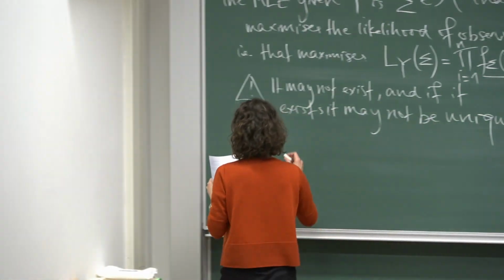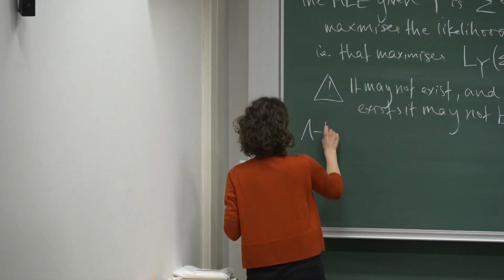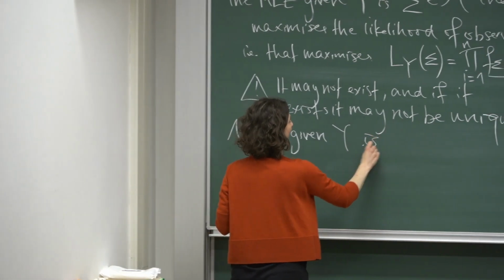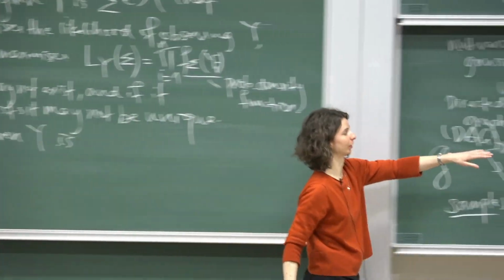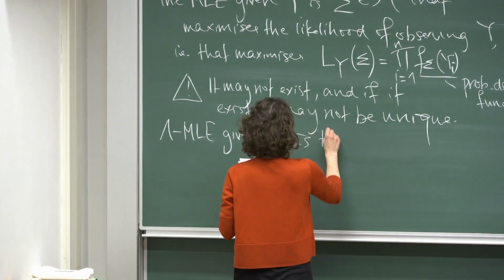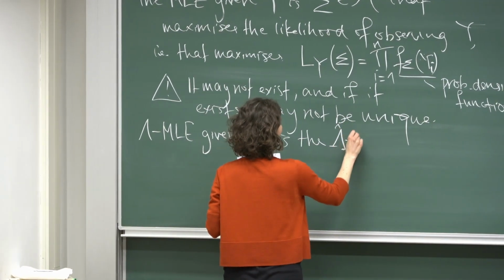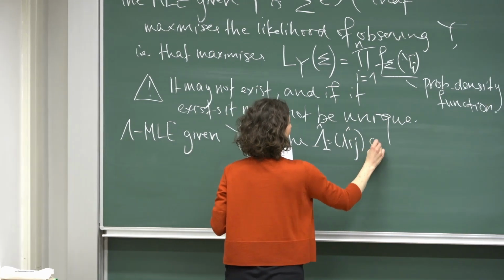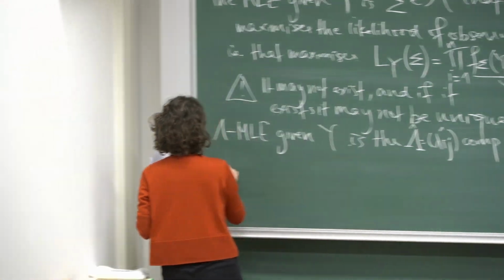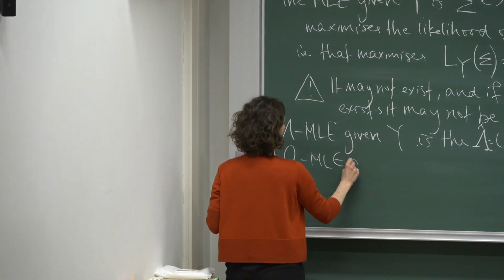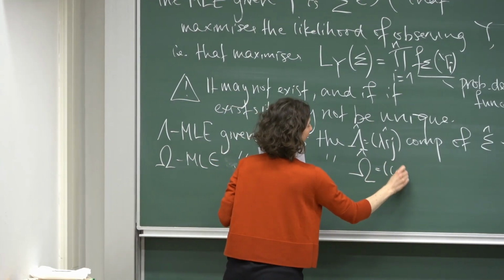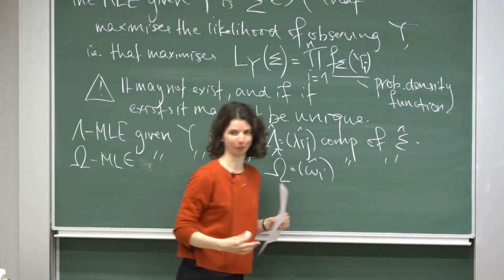In the case of DAG models, we can define the lambda MLE given Y as, as the name suggests, the lambda hat component of sigma hat, and similarly the omega MLE given Y is the omega hat component of sigma hat.